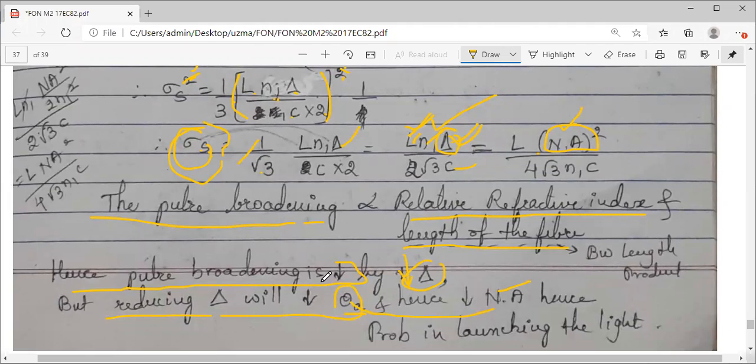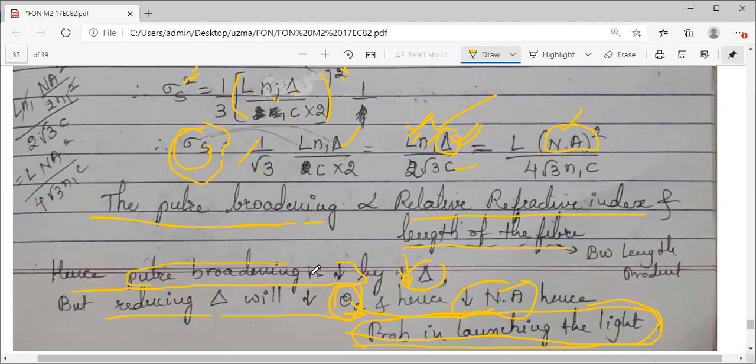So in turn all are dependent, because of which there is a problem in launching of the light, because of the acceptance angle reduction and the numerical aperture reduction. Because of this there will be a launching problem. When light is launched from the optical source into the optical fiber, you get the problem there.